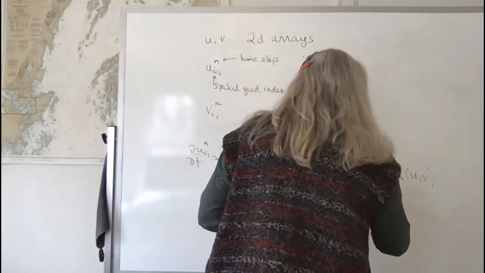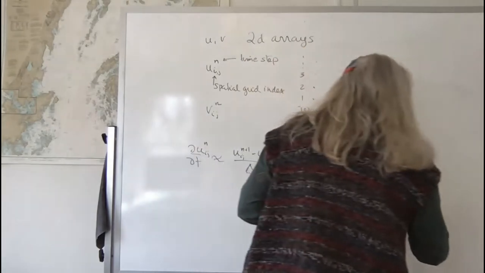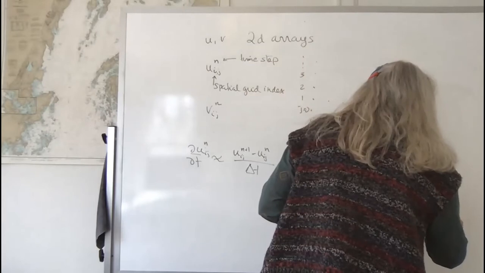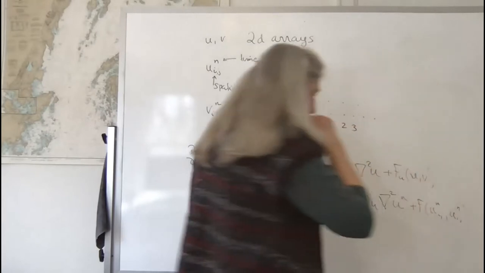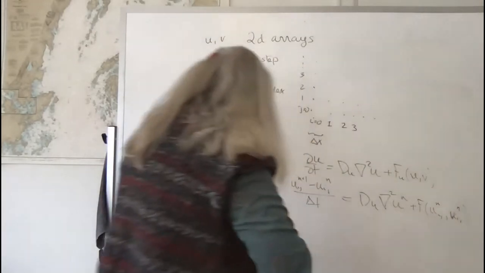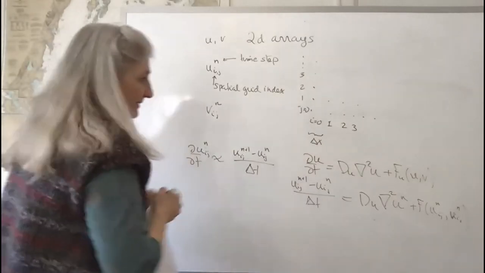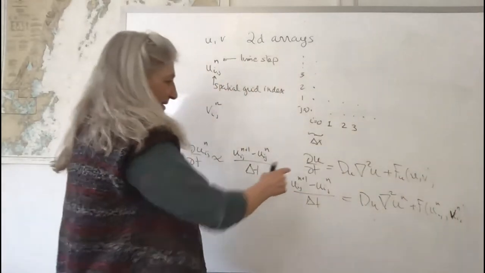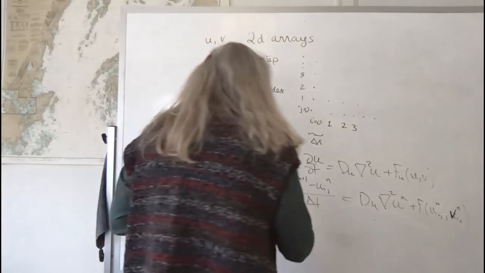So I need an approximation for del squared. We're going to work on that next. Plus f of u. And actually the f_u is easy. We can just take the current time, I mean the current position, the same position as... Okay, now I can multiply this whole right-hand side by delta t.